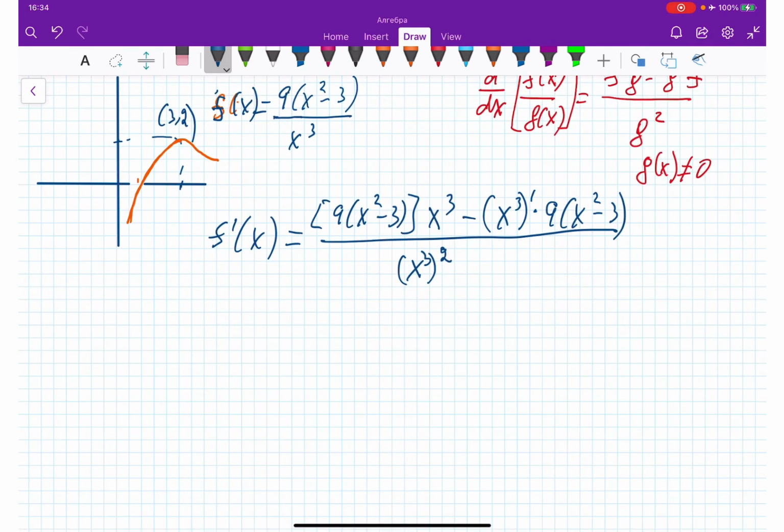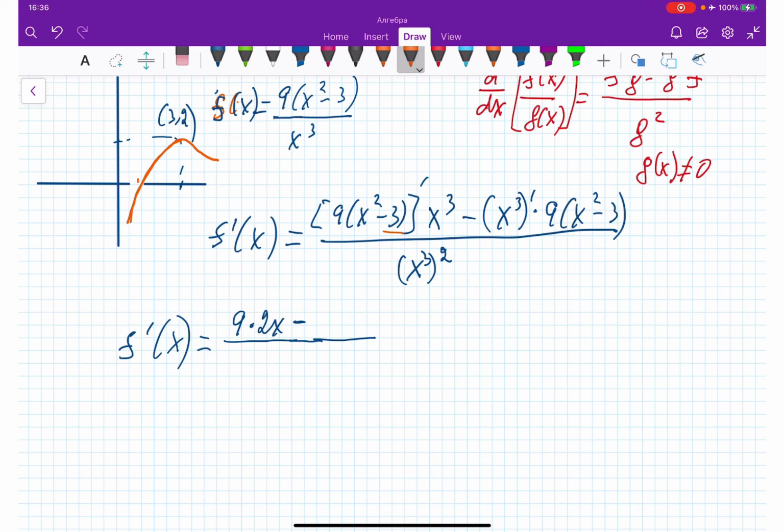Okay, this is gonna be equal, f prime of x is equal, so it's gonna be 18x because, okay, 9 times the derivative of x squared, it's gonna be 2x, and then minus the derivative of 3, it's gonna be 0.